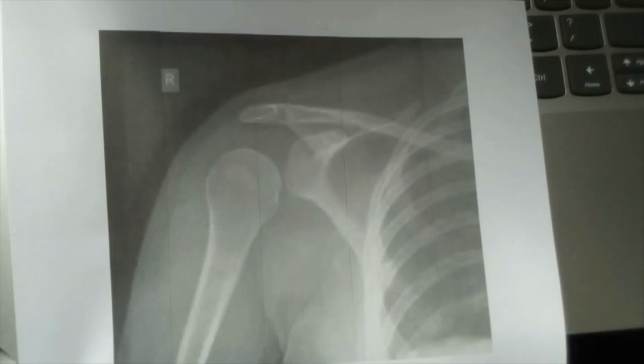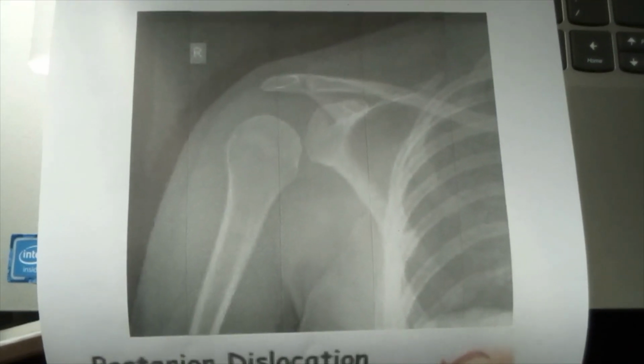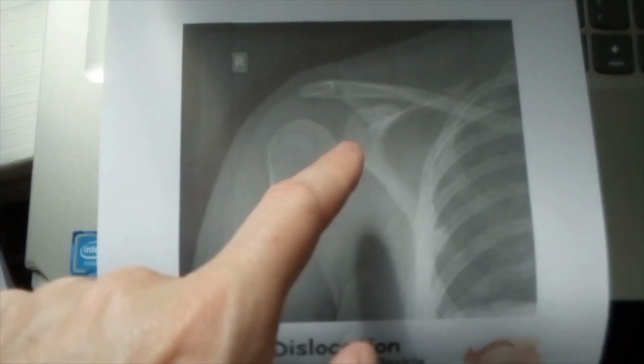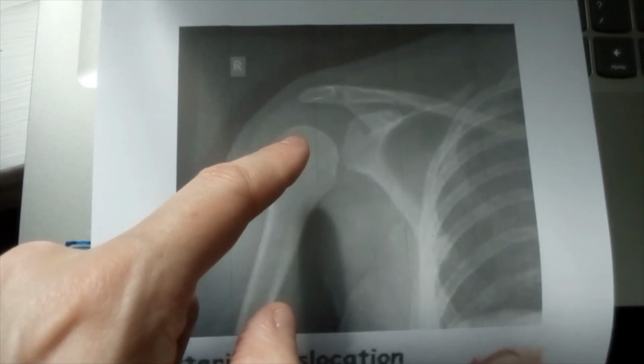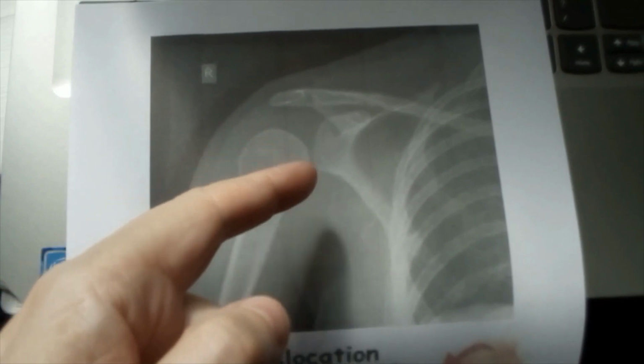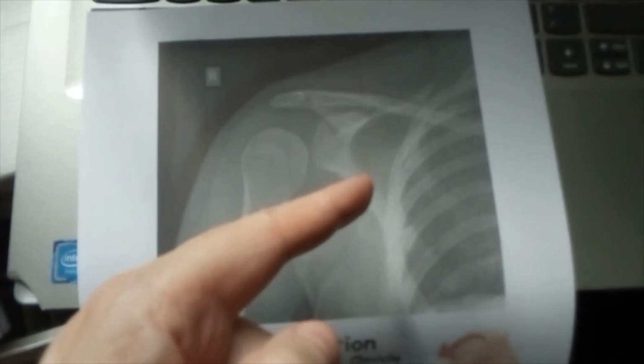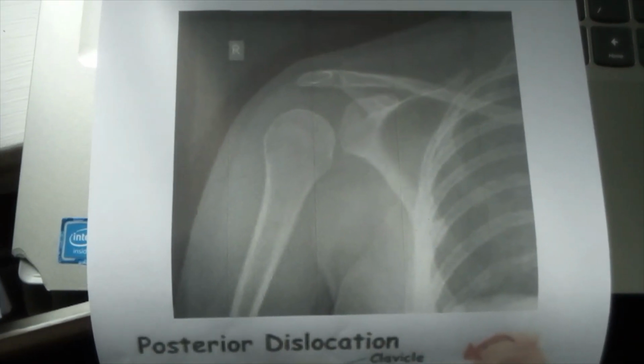And again, if we look at the X-ray, you can see it's come out of the socket there, and it's just sitting back rather than coming forward like it did in the anterior.